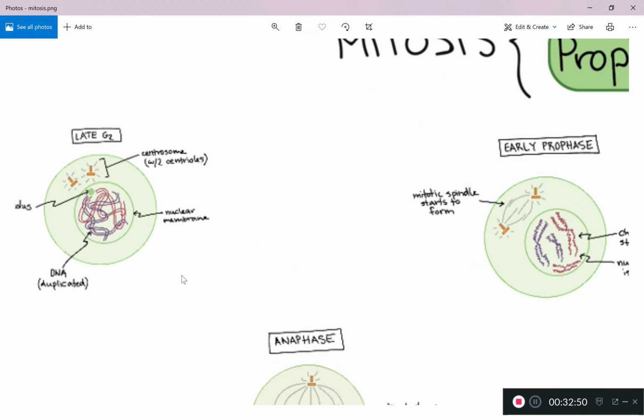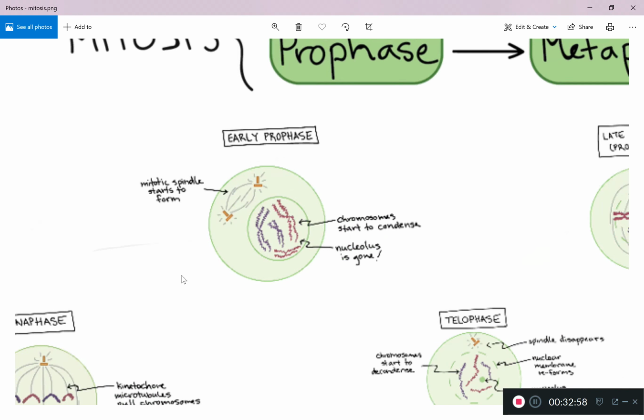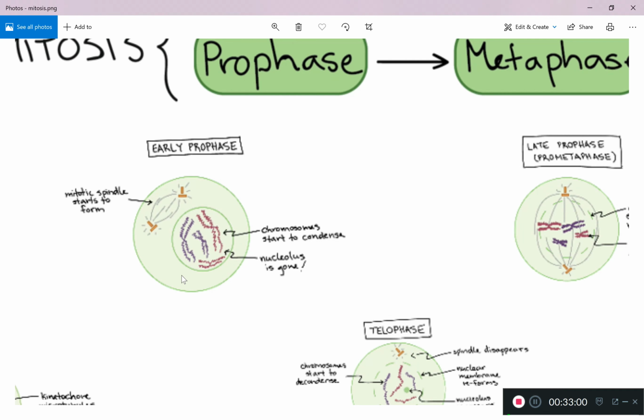So what happens is that at the end of G2 phase, which is where we ended, you'll enter something called either early prophase or just prophase in general. So in prophase, the chromatins or the chromosomes start to condense.